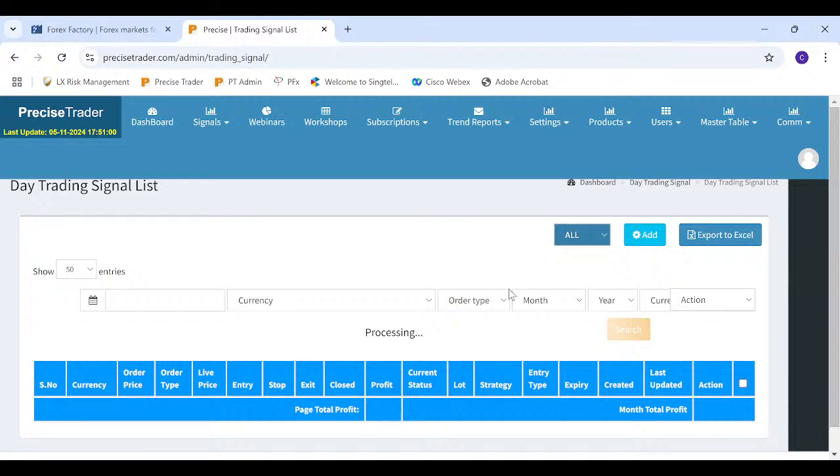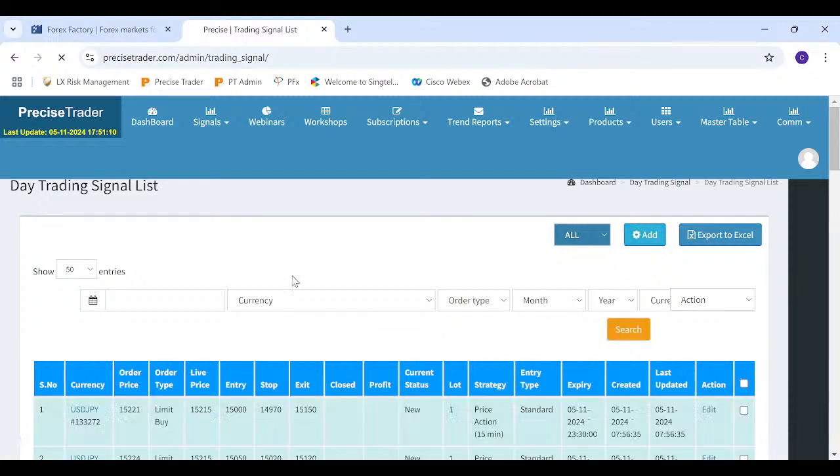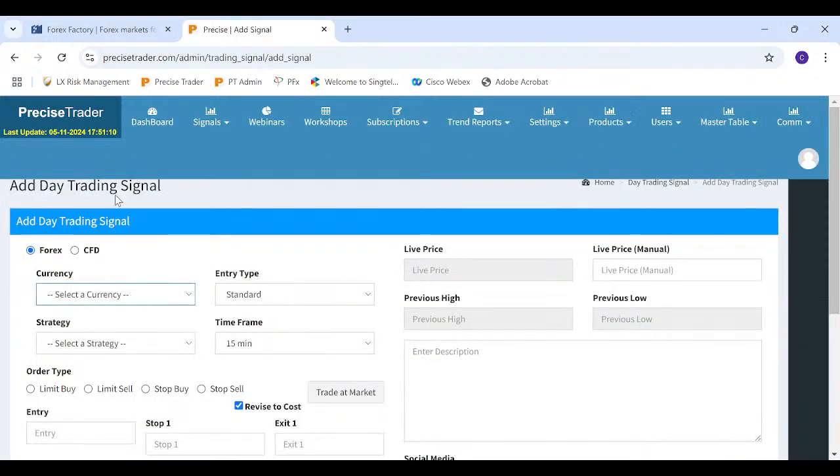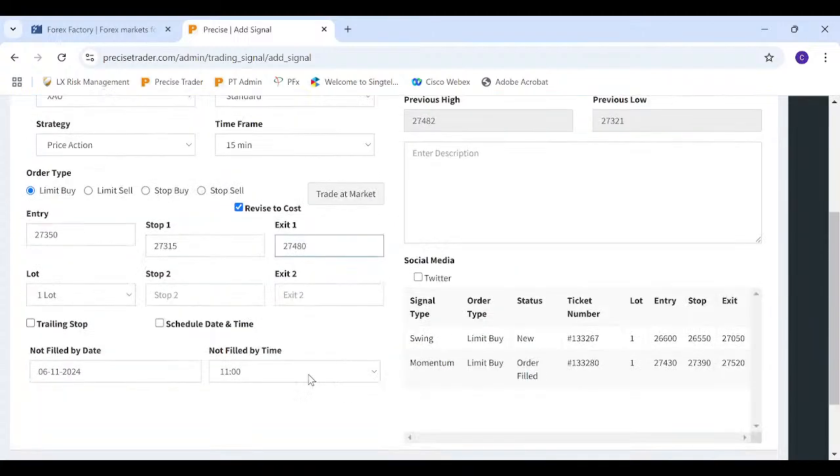Of course this is day trading because we're trying to get it cheaper. Okay, buy at 2735 and stop at 31 half and 2748. This should be your setup, and for this expiry we give until 2100 hours.